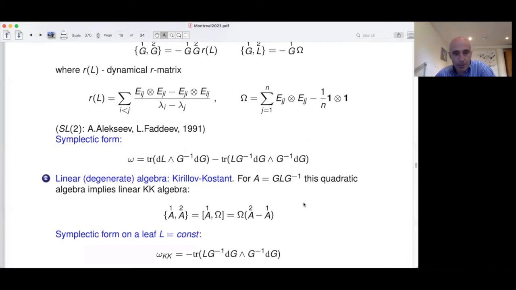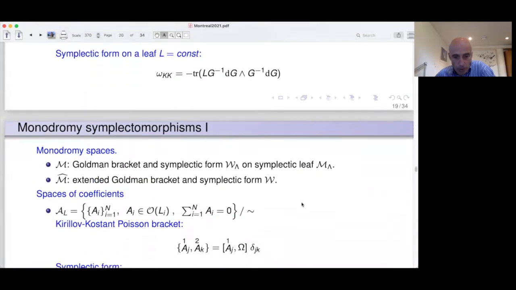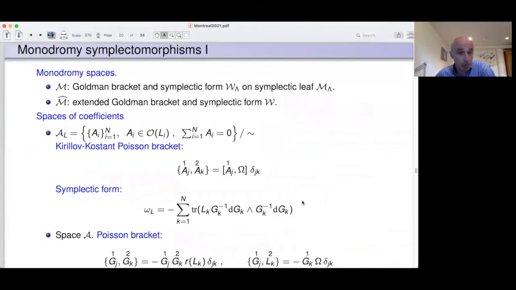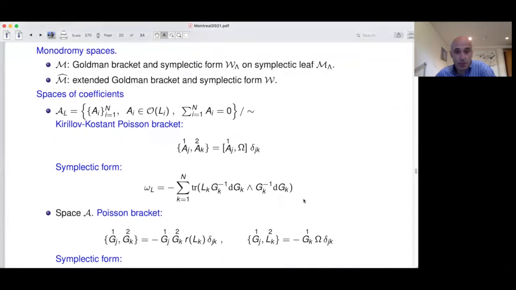Okay, so keeping in mind this technical slide, let's go further a little bit. Monodromy symplectomorphism. There is this theorem, independently proved in '96 by three groups: by Hitchin, which was one group, Alekseev and Malkin was another, and Henning Samtleben and myself was the third.